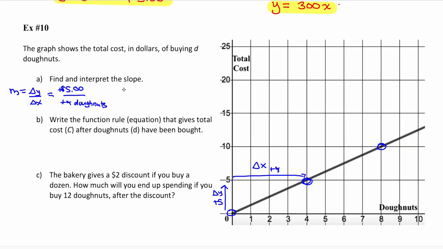If we simplify this, our slope is going to be $1.25 per donut. Using our units, money per donut. To interpret this, it means that each donut costs $1.25. That's the interpretation of our slope.